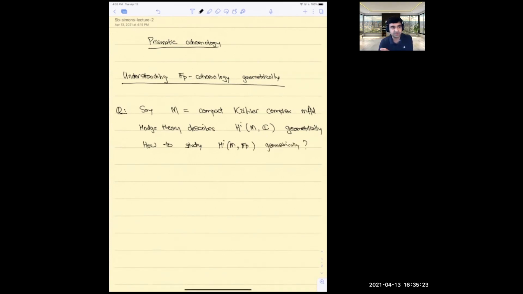And it's a question that comes up in various parts of mathematics. In number theory, I gave an example yesterday where mod P cohomology classes on locally symmetric spaces carry some interesting automorphic information. It comes up naturally in modular representation theory, in understanding intersection cohomology of Schubert varieties and things like that.